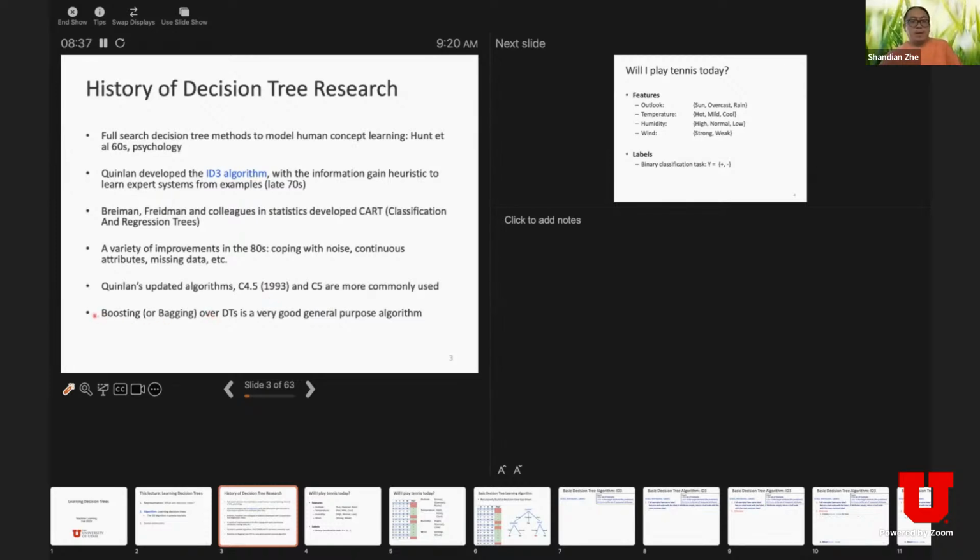And then later, based on decision trees, several ensemble learning algorithms were proposed for boosting and bagging, which dramatically promoted the performance of decision tree algorithms, which is also a topic we're going to discuss after decision trees. So this is just a brief history to give you a sense of how this line of research was developed.